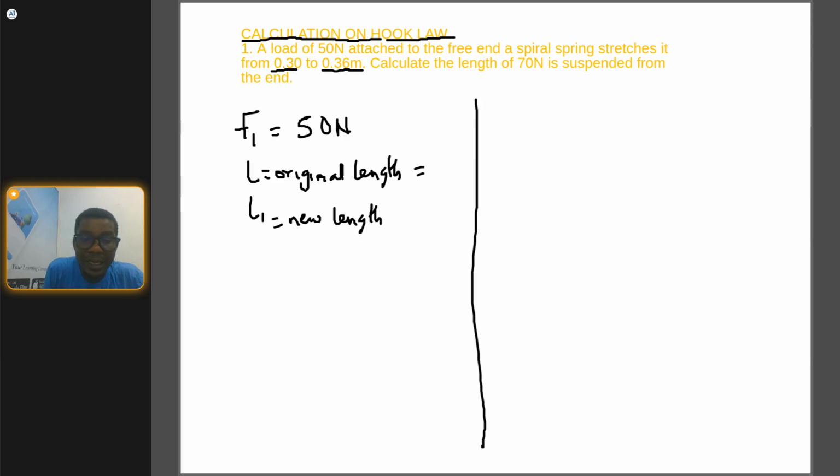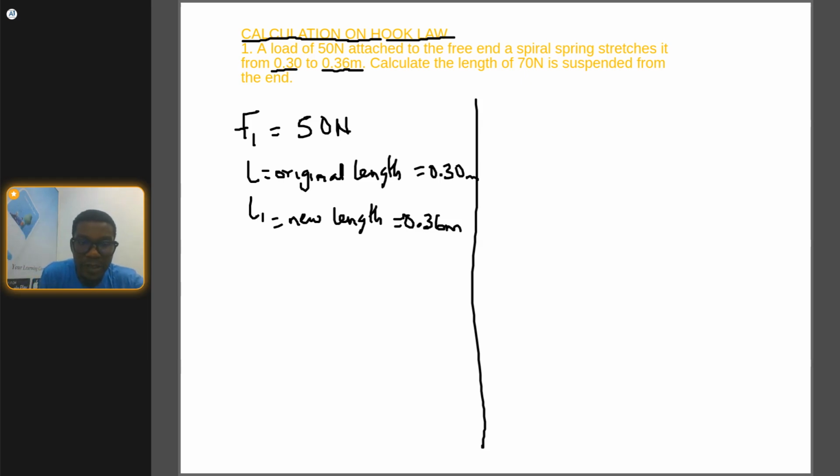The original length is 0.30 meter, and the new length, it was stretched to 0.36 meter. So after the force of 50 Newton has been added to the spring, it stretched from 0.30 to 0.36. There was an extension.